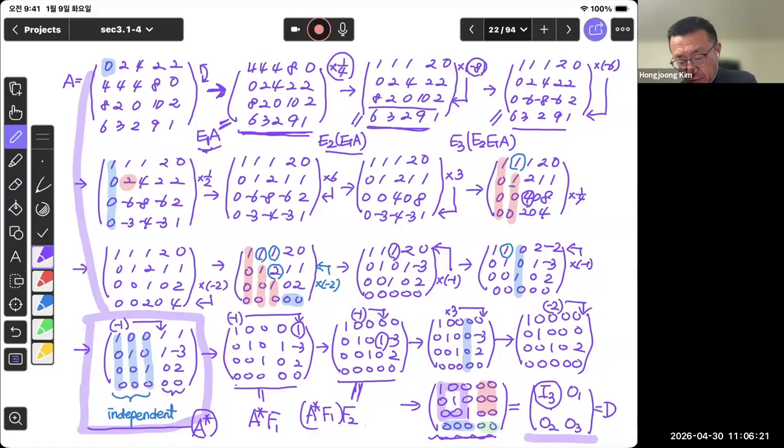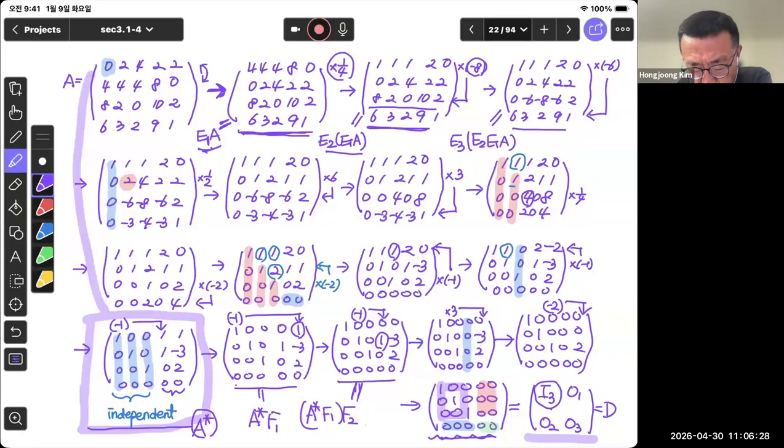But I can see the rank even when I look at this matrix, right? When I look at this, the red one, the first three columns are definitely independent.